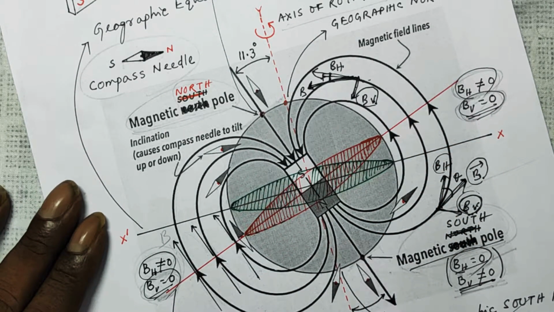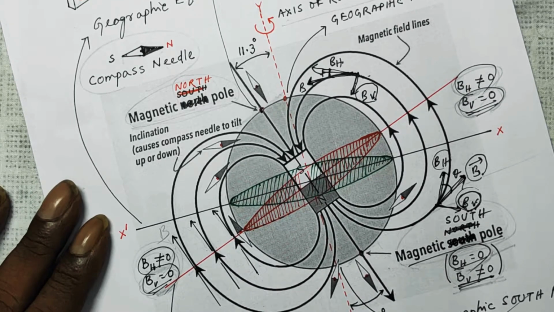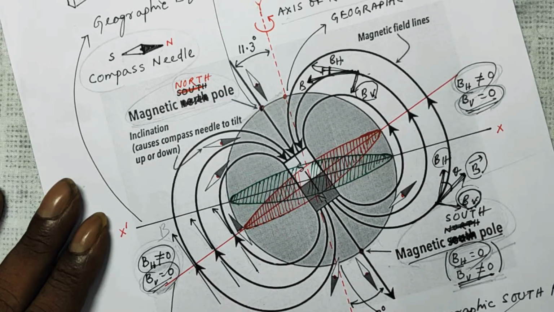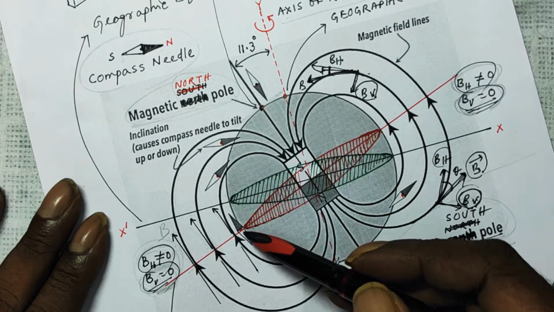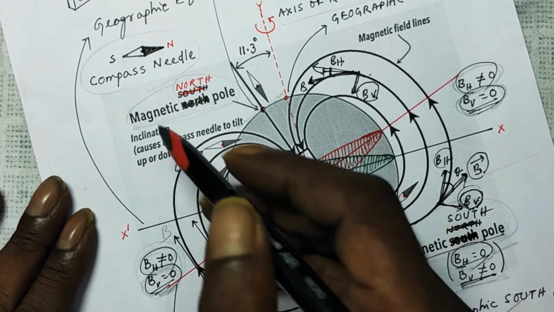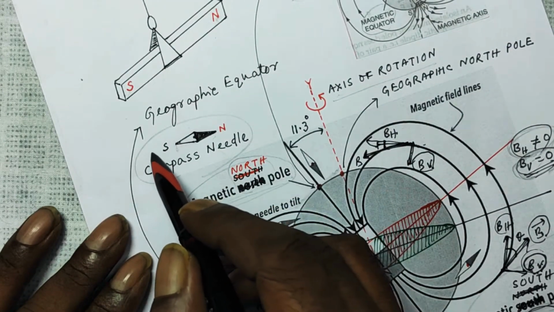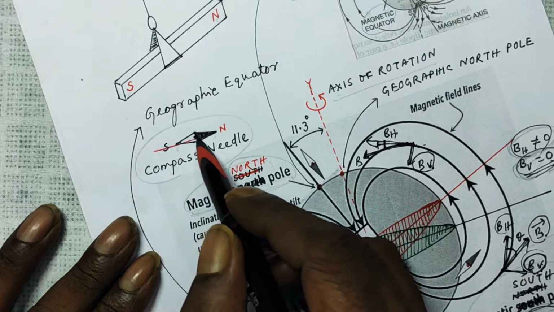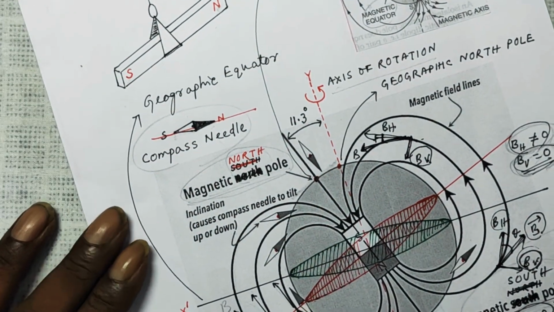And if you suspend a bar magnet or a magnetic needle freely by a thread, it will be suspended vertically down. When I say axis of the needle, I mean this axis, not the axis of rotation.